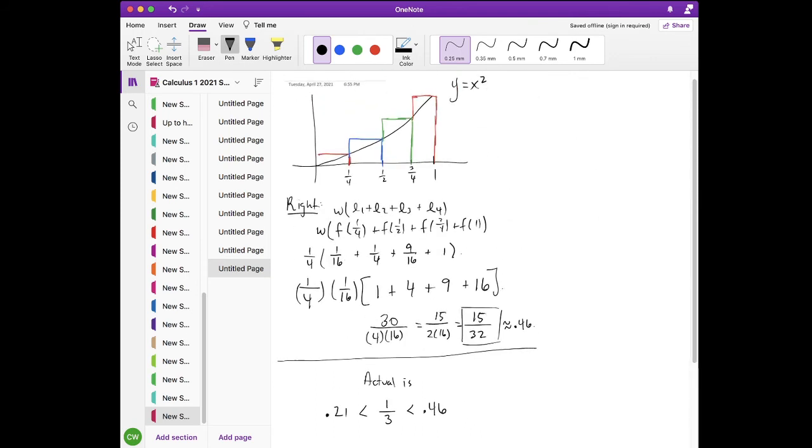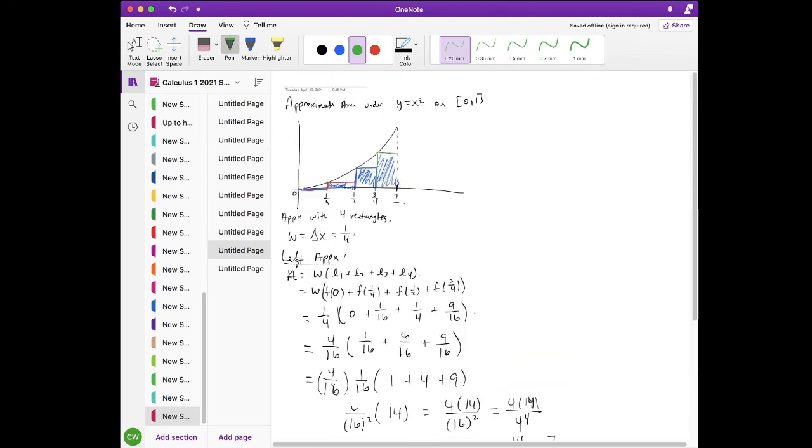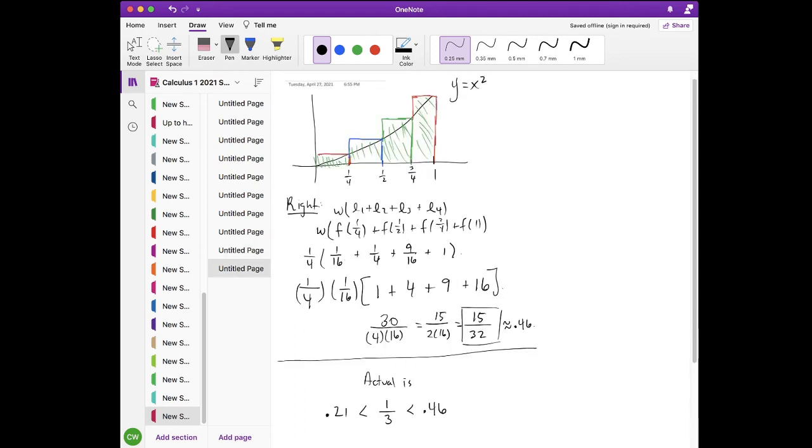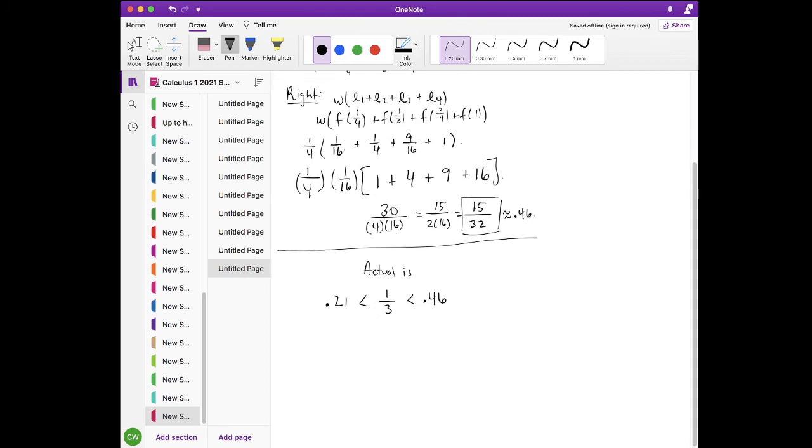When you do the right approximation, the curve lies completely inside, right? So the actual area is actually a lot smaller than the right approximation. Similarly with the left approximation, there's a lot of the area that we left out. So the actual area is somewhere closer to 1/3.